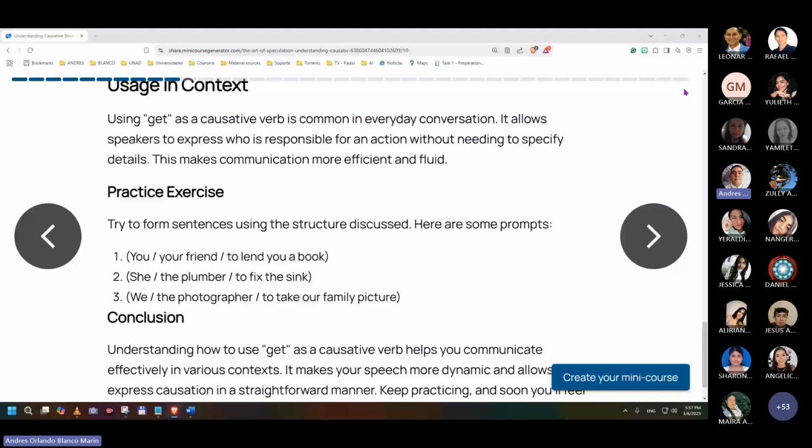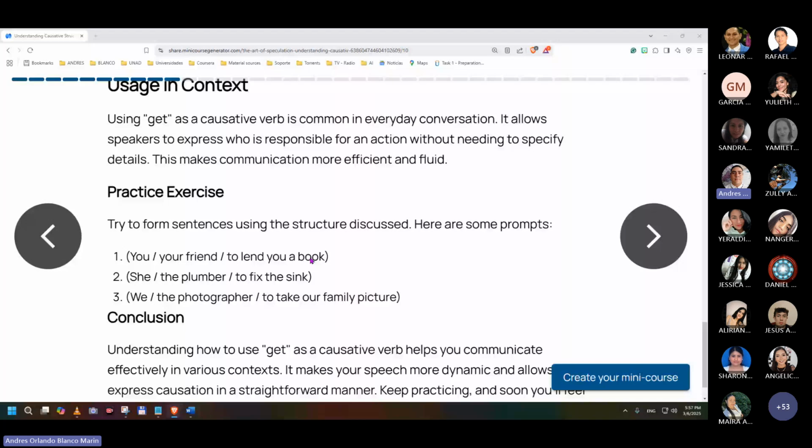You can use questions. So you need to exercise a little bit more. But what you need is a subject, an object, and the action. And then you choose your causative verb depending on the intention: have for an arrangement, make to force or compel, and get to persuade someone.